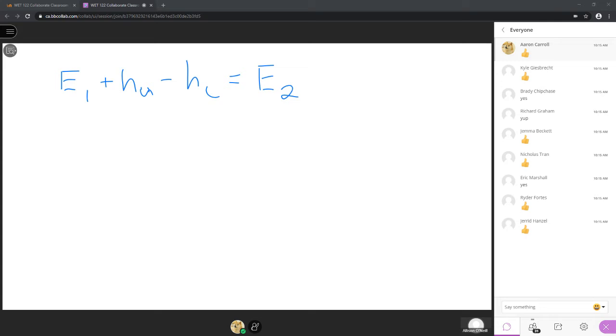In this case, what we're trying to find is how much head we need to add into our system. So if we reorganize this, our head added is equal to our energy at point 2 minus our energy at point 1 plus our head losses.